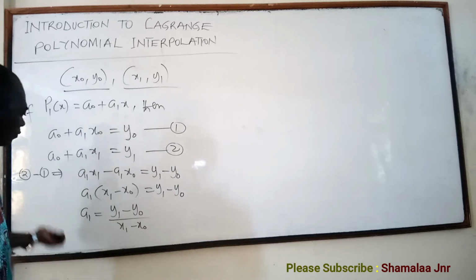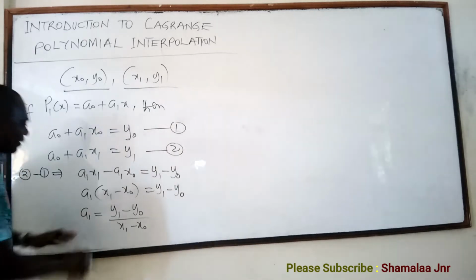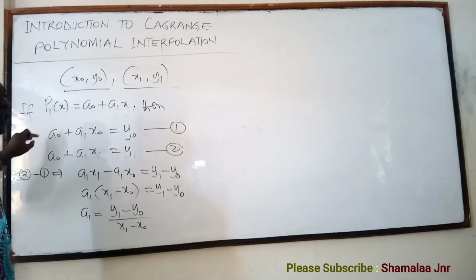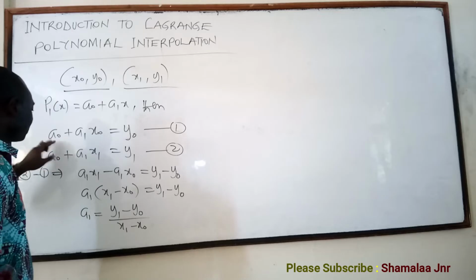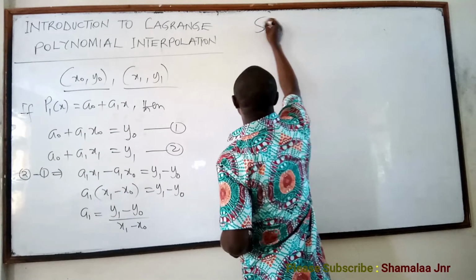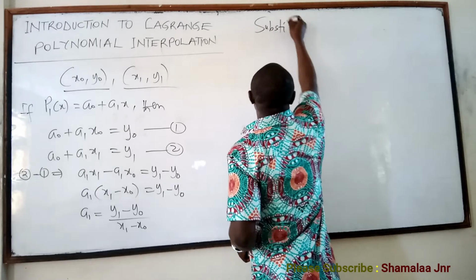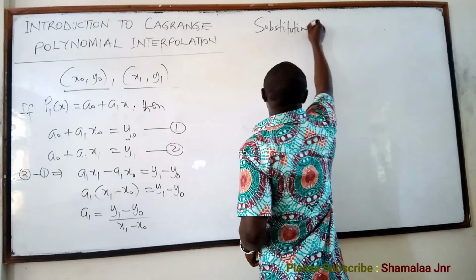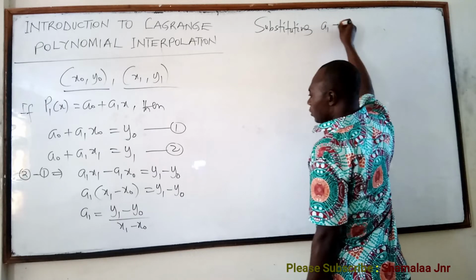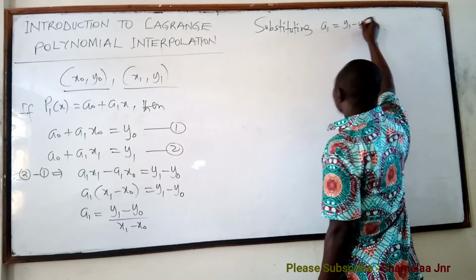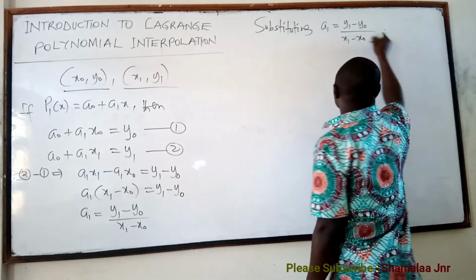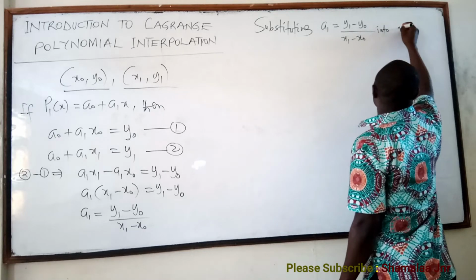Okay. Now, having obtained this, we can substitute it into equation number 1 to get the corresponding expression for a0. So, substituting a1 equal to y1 minus y0 all over x1 minus x0 into equation 1.